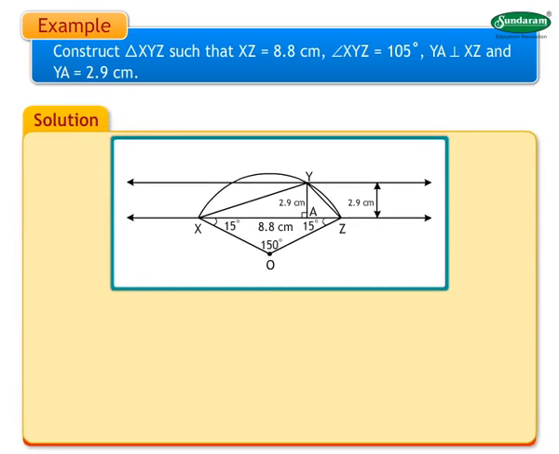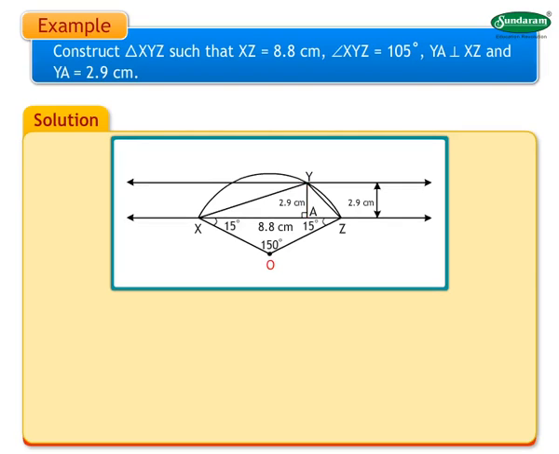Solution. We want to construct triangle XYZ such that angle XYZ is equal to 105 degrees, XZ is equal to 8.8 centimeters, and YA is altitude, YA is equal to 2.9 centimeters.